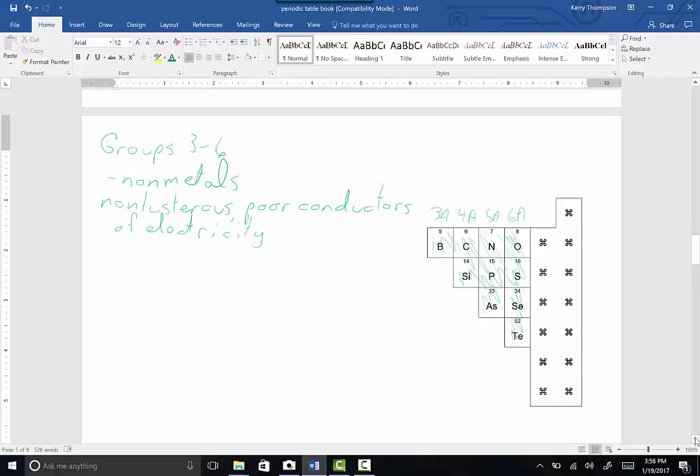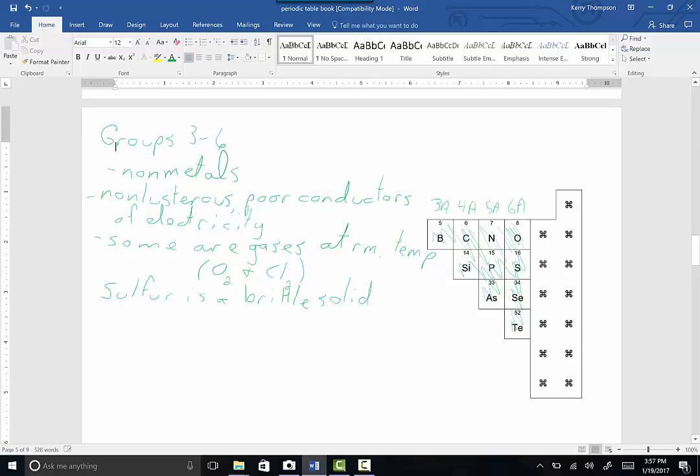Some are gases at room temperature, in particular oxygen and chlorine. Sulfur, however, is a brittle solid at room temperature. Bromine is a fuming dark red liquid at room temperature.